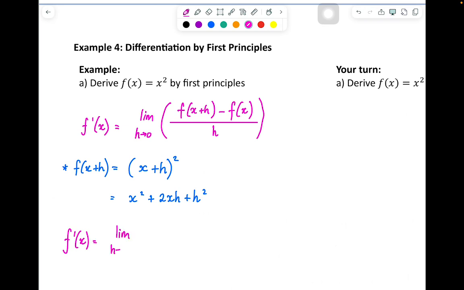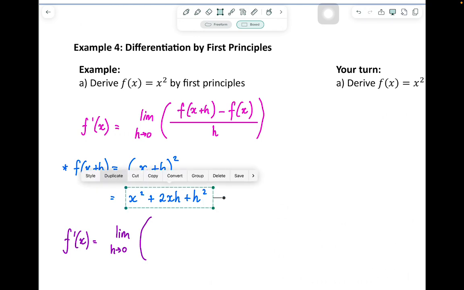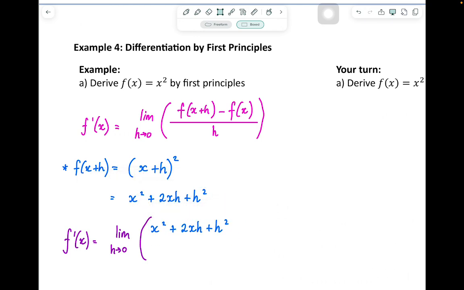So we're going to limit where h approaches 0. Now f of x plus h is, I'm going to use a different color here, is there.